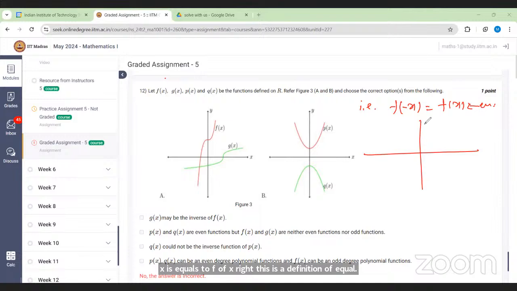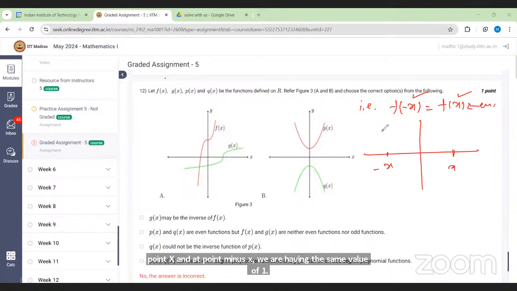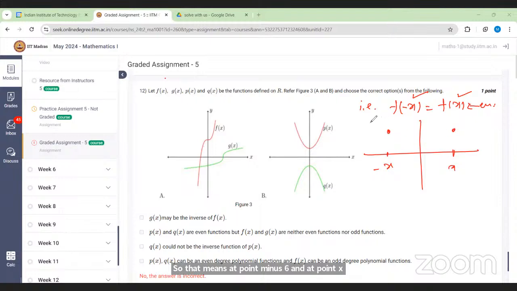So if you observe the graph, what is happening? At point x and at point minus x, we have the same value of y. That is, f of x equals f of minus x.